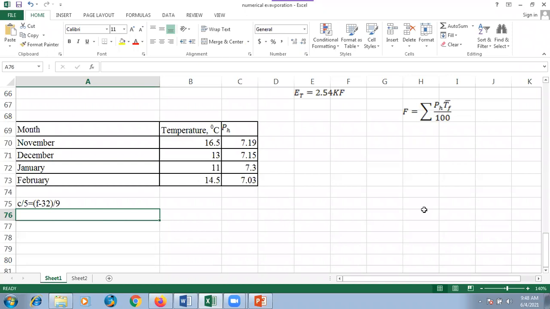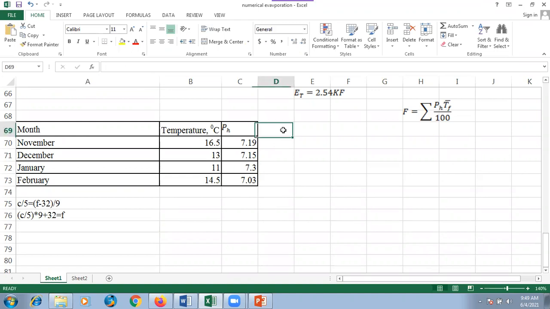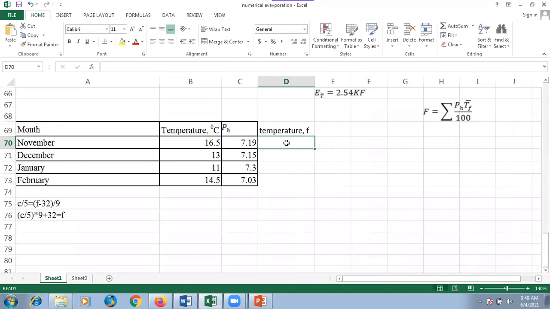So how are you going to do that? If you rearrange this equation, you write C divided by 5 times 9 plus 32, which becomes your degree Fahrenheit F. The same thing I would calculate here, the temperature in Fahrenheit.